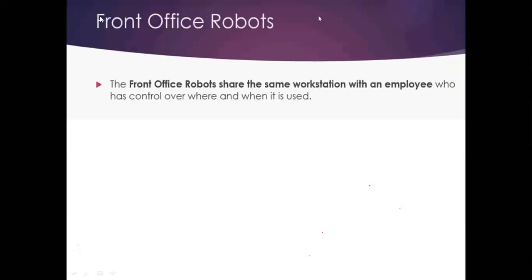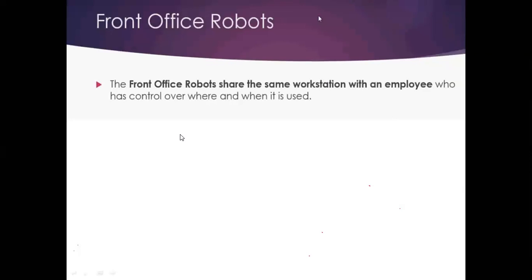So what exactly is FOR, front office robots? The front office robots share the same workstation with an employee who has control over where and when it is used. It will work like a human, doing what a human does at the workstation. Generally, when a human comes to the office, he logs into the system, opens the application and enters some data.